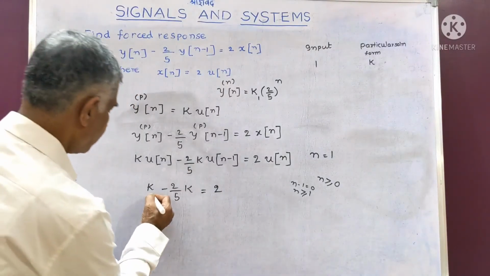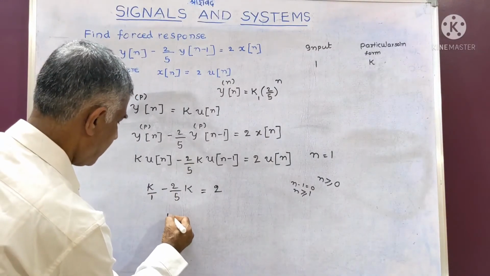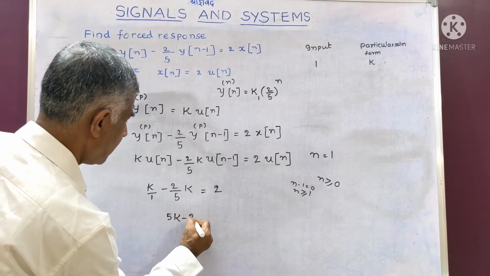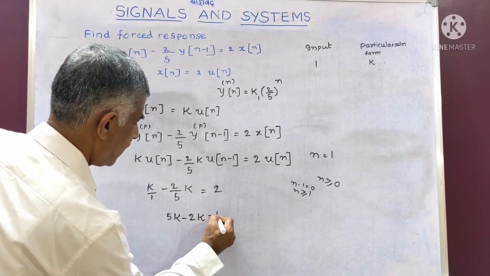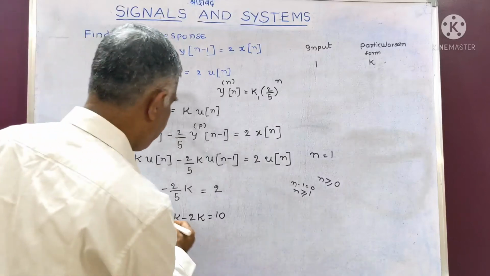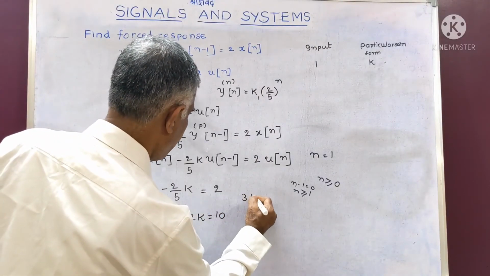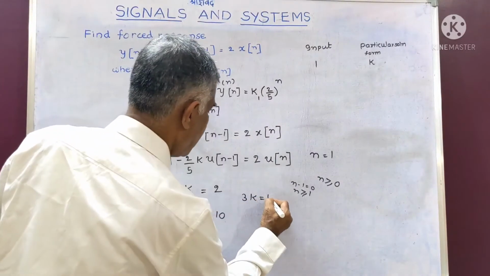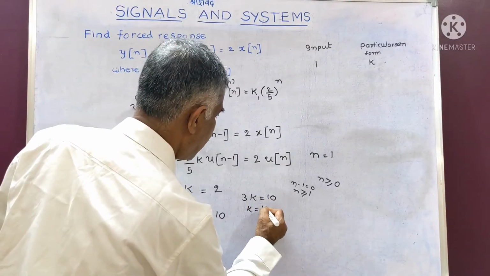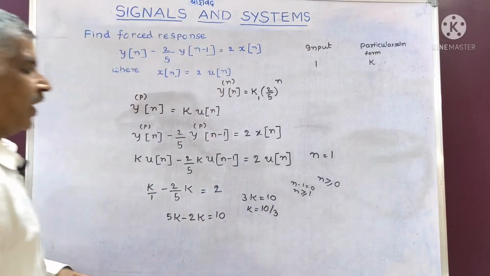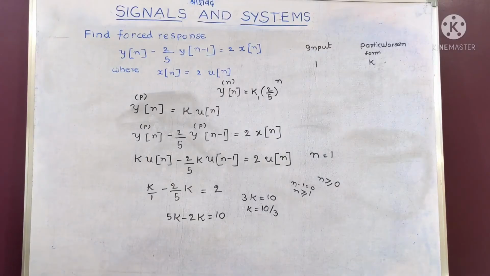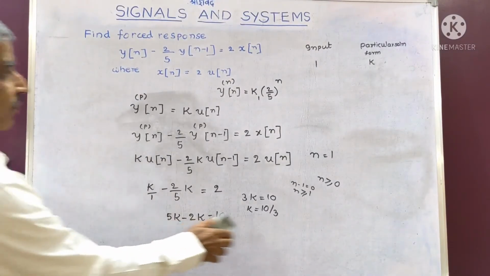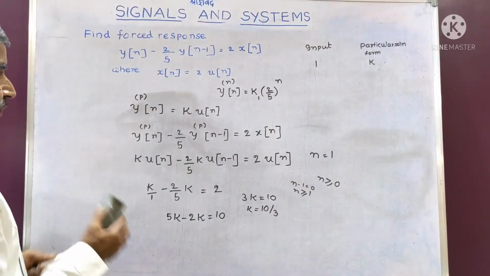Solving, take the LCM: 3k equal to 10, or k equal to 10 by 3.